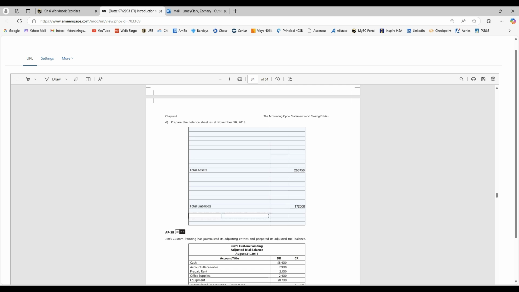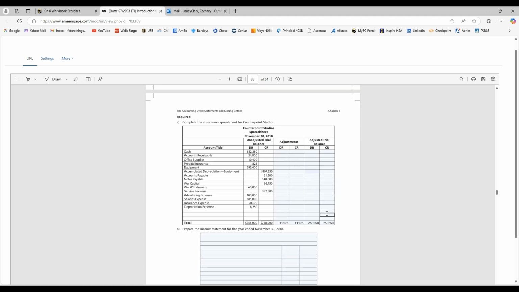And then capital, the owner's equity account, is $94,750. When you add 172,000 plus 94,750, you get 266,750, which matches your total assets, right? So our accounting equation balances: assets equal liabilities plus equity, and good to go.